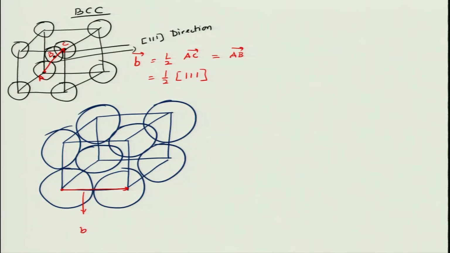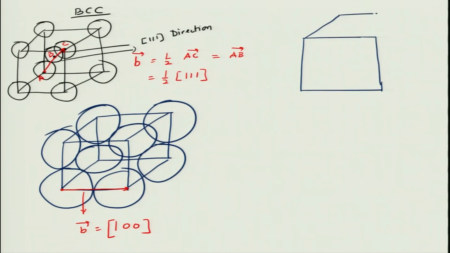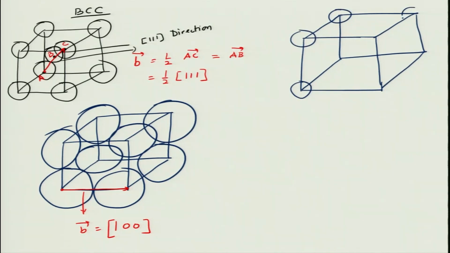So, this is the B, and this will be equal to 100. Now if you look at FCC, you have one here. It's difficult to draw a structure with touching atoms, so let us not make them touching.